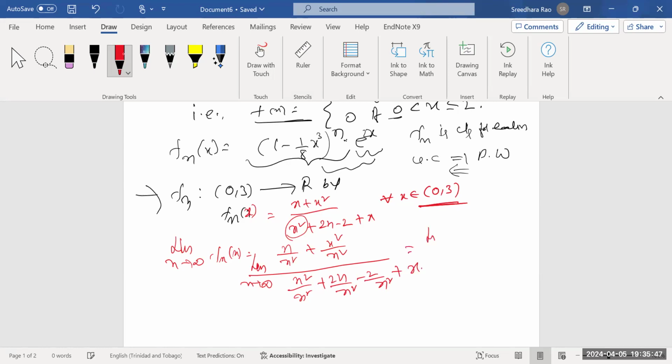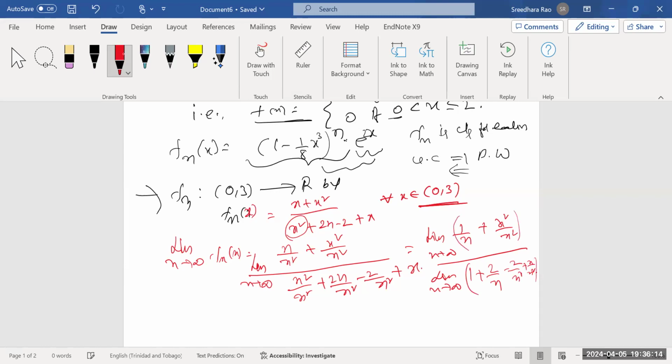with the limit as n tends to infinity. So what happened? You will get 1 by n plus x squared by n squared over, by the properties of limits, 1 plus 2 over n minus 2 over n squared plus x by n squared.